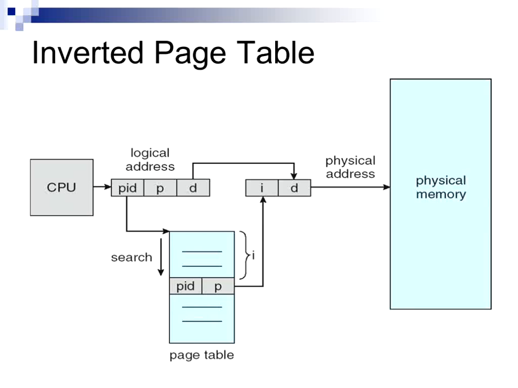And then there's also an inverted page table. Let me get the words right. It's an inverted page table. And here we have our CPU generating our logical address, but the logical address actually includes the process ID and then our page and offset.